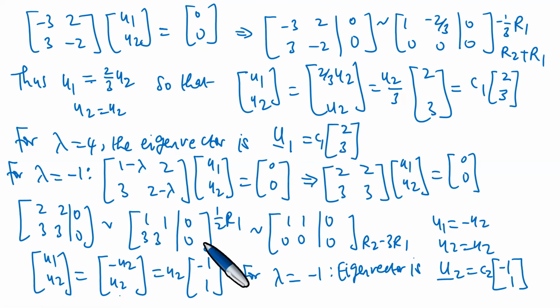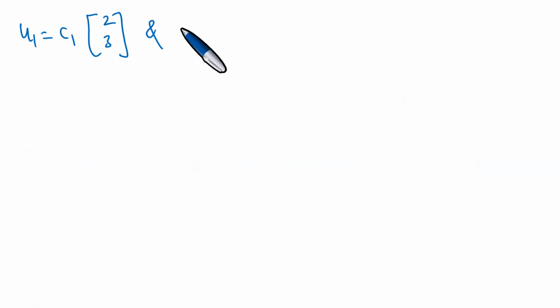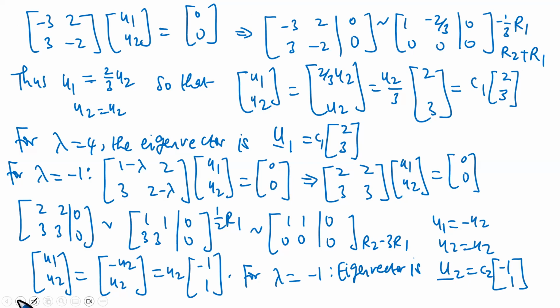So U1 is C1 times 2 and 3, and U2 is C2 times minus 1, 1.